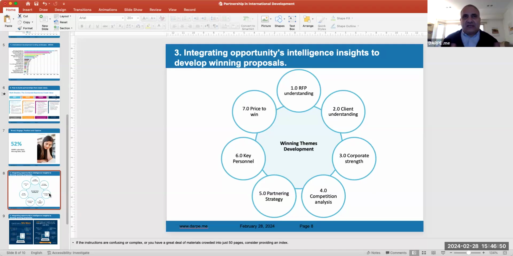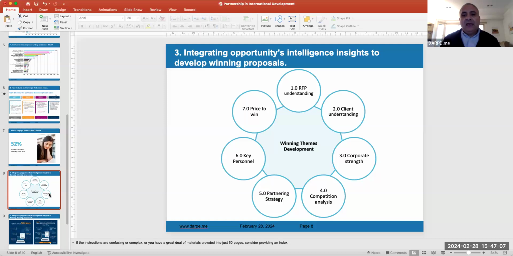Most donor agencies and international organizations are now looking for best value selection, and we name it here as price to win.